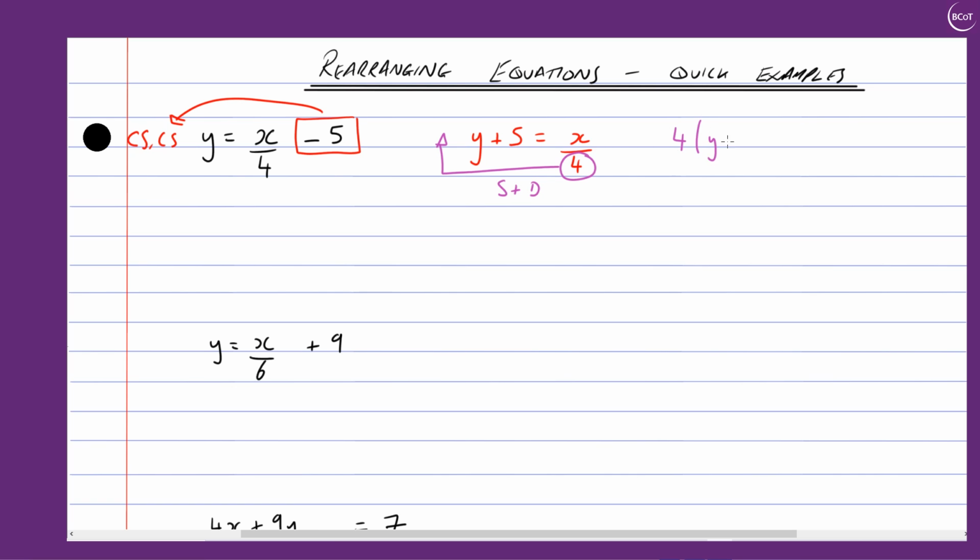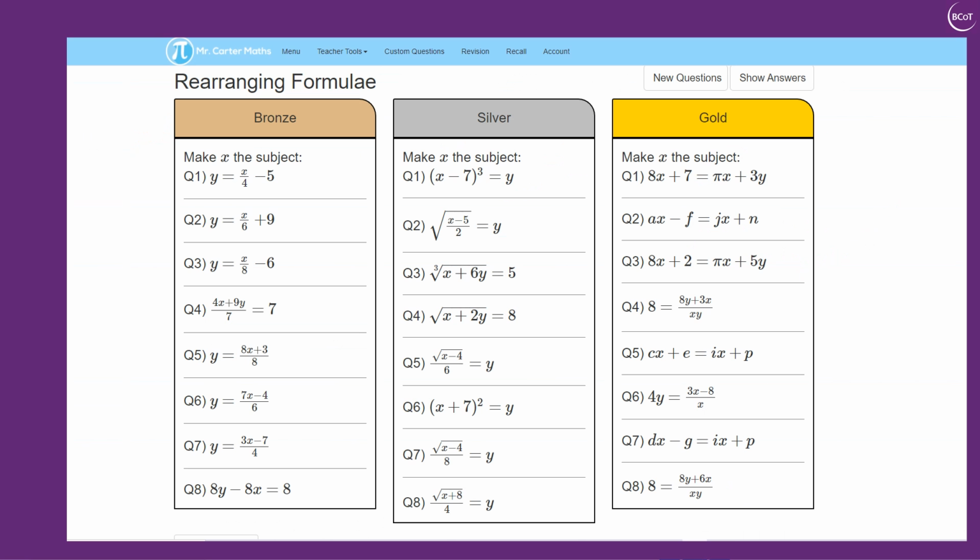So we have 4 times y plus 5 in a bracket is x, and then we multiply out the bracket. This gives us 4 times y plus 4 times 5, which is 20, equals x. Or we could put x equals 4y plus 20. Same thing. We checked our answer there.